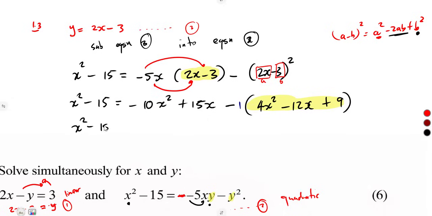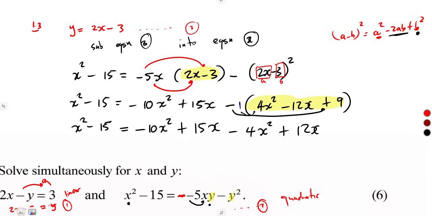X squared minus 15 is equal to minus 10x squared, plus 15x. Then let us expand minus 1 times 4. So it's negative 1 multiplies 4, which is minus 4x squared. Minus 1 and minus 12, that's a positive 12x. Minus 1 and positive 9, that's a negative 9.